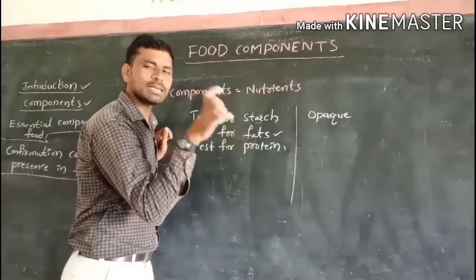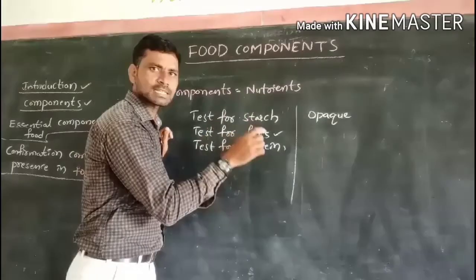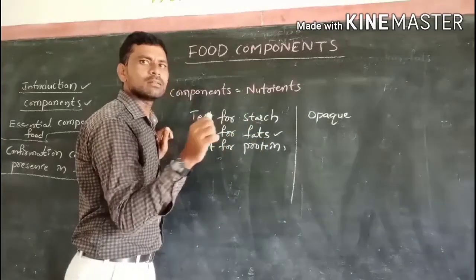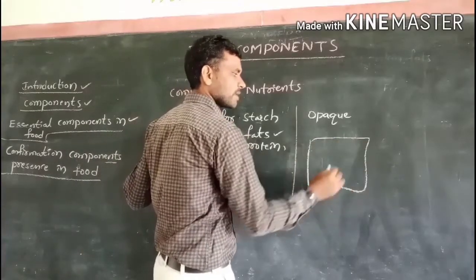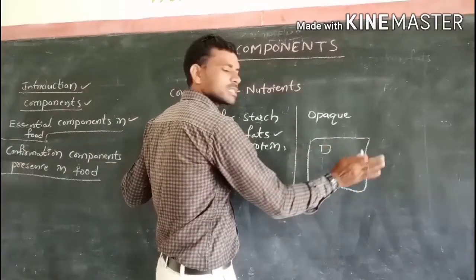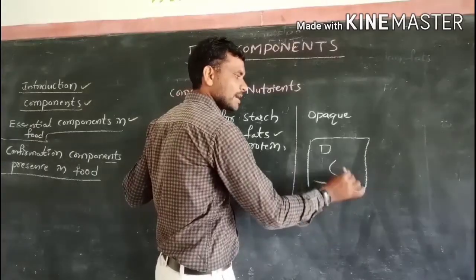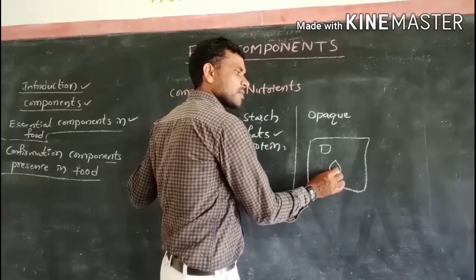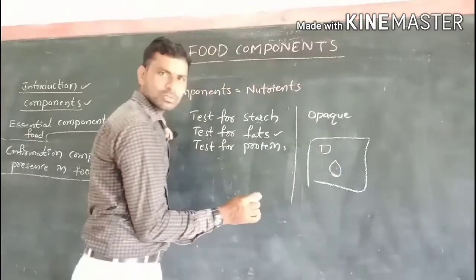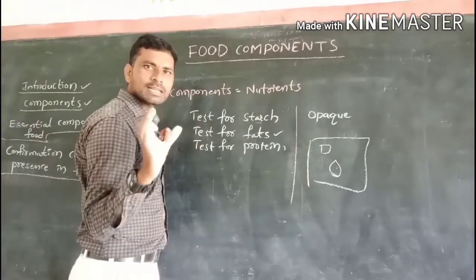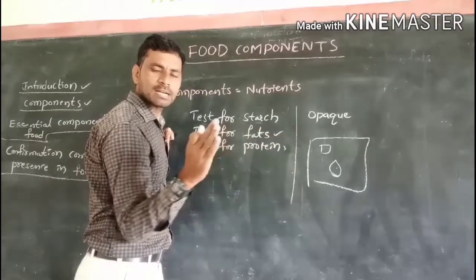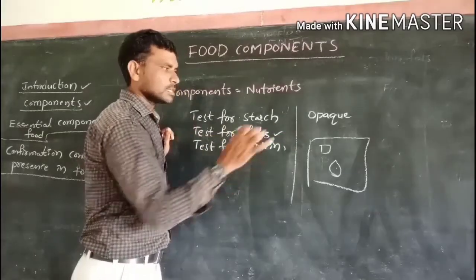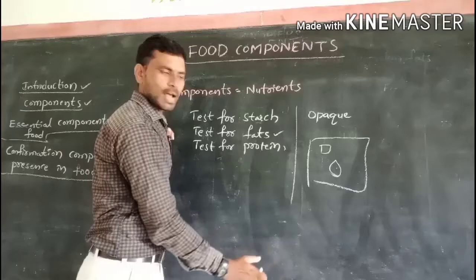It means the oil is containing fats, but the bread is not containing oil. It means some food items are containing fats, some are not. In this test we identify the fats.